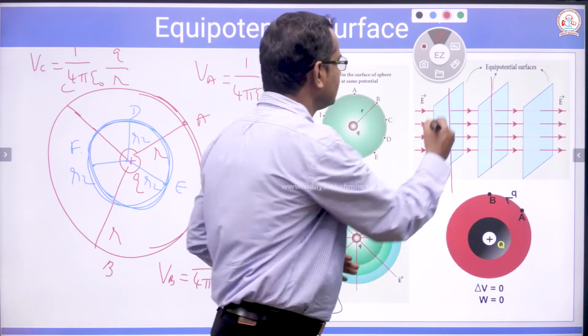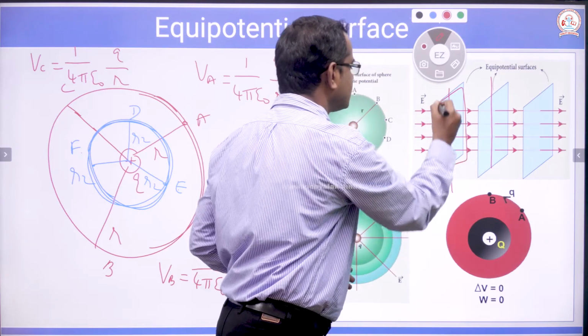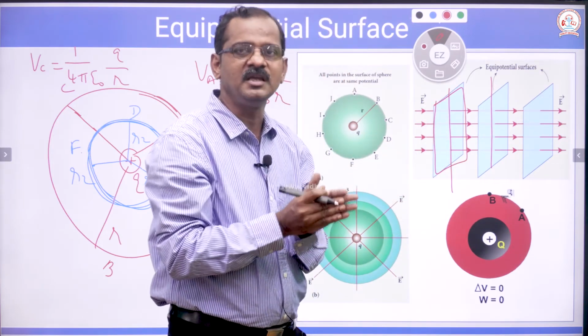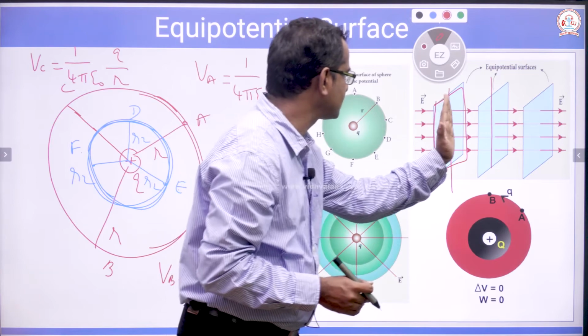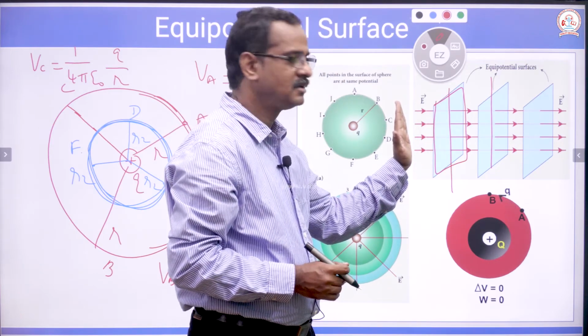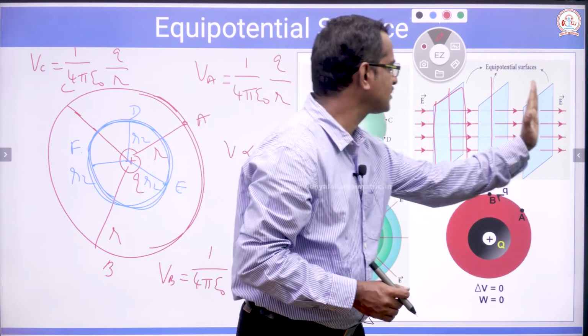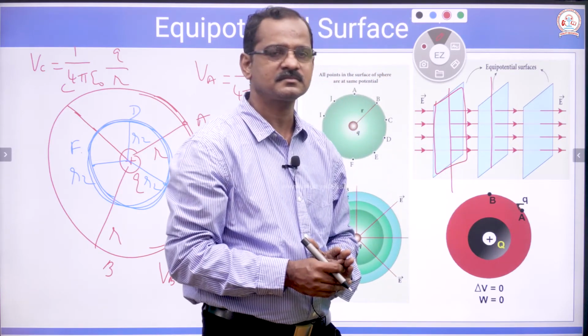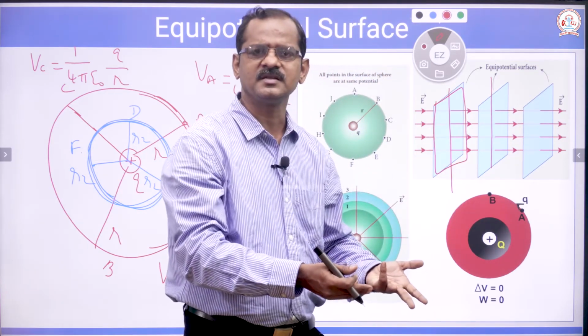But along this surface, the electric potential will be equal, because it is at equal distance from the charge. This is also an equipotential surface.